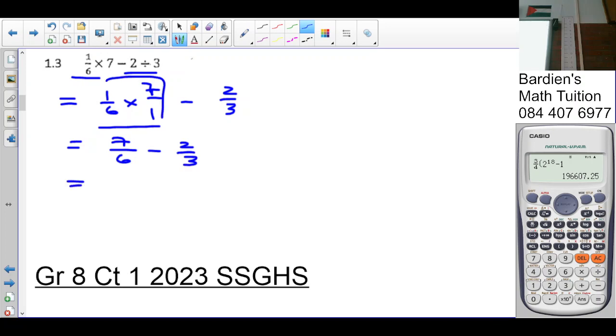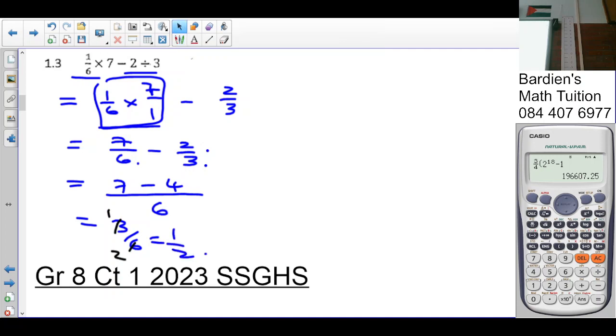As you can see, there was nothing that can simplify that. Remember, we always simplify before we multiply. People, what's your LCM here? So you times that by 1. So it's 7, you multiply this by 2. So it's 4. 7 minus 4 is 3, so it's 3 over 6. 3 goes into 3 once, 3 goes into 6 twice. So it's 1 over 2.